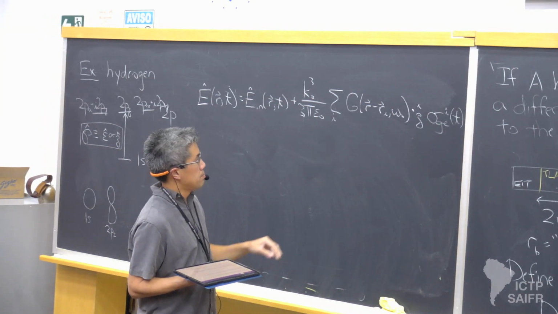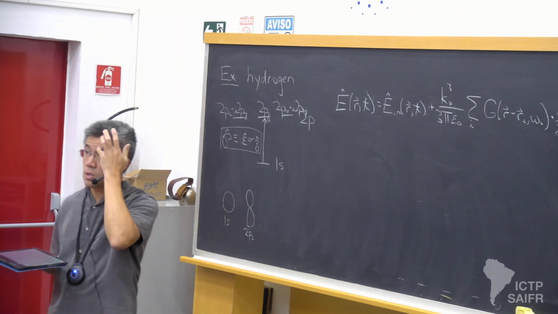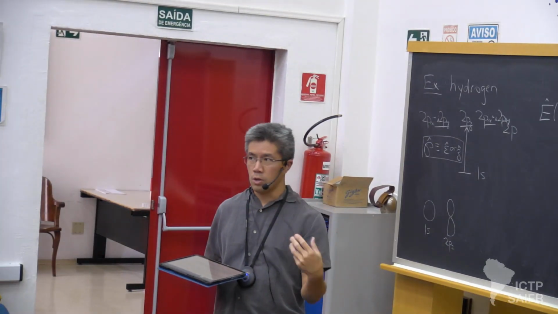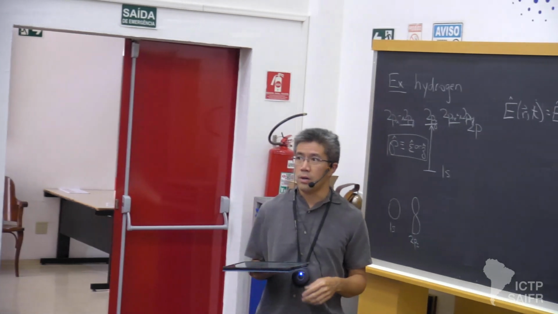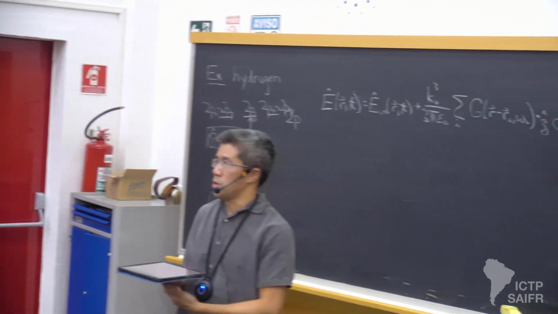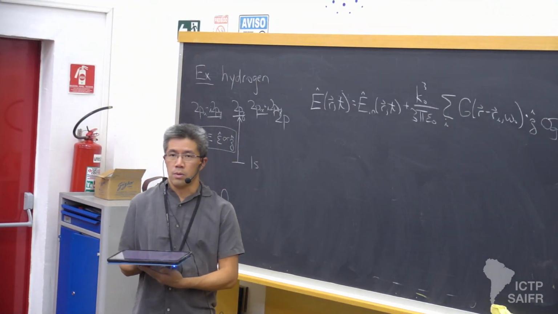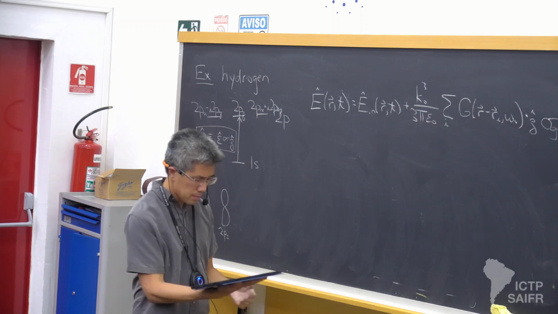Again, the fact that it's vectorial and so on doesn't really matter. When I show you numerical results, we do have to pick a polarization, of course, to actually get a number out. But all the physics that I'm going to tell you from here on out doesn't really depend on the polarizations. Okay, so the physics is quite general.